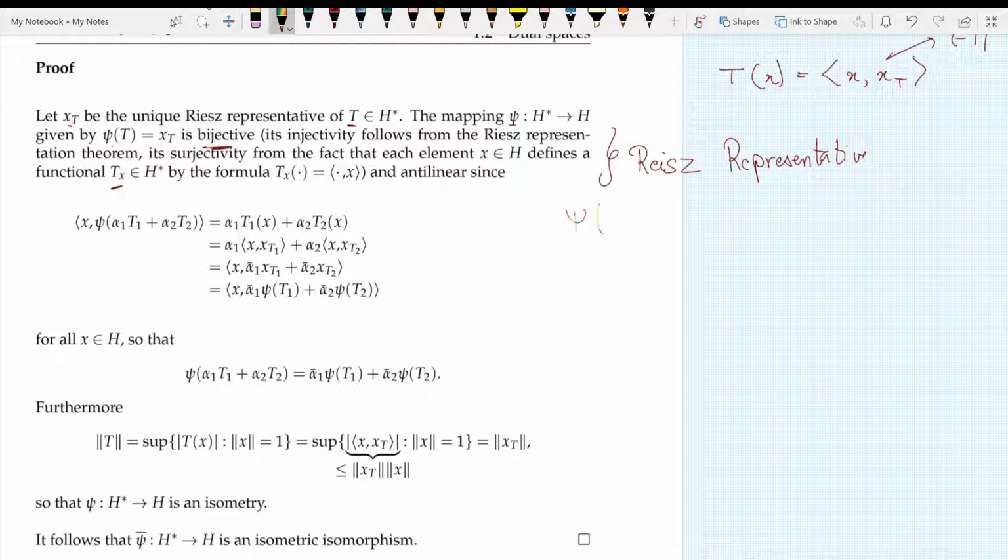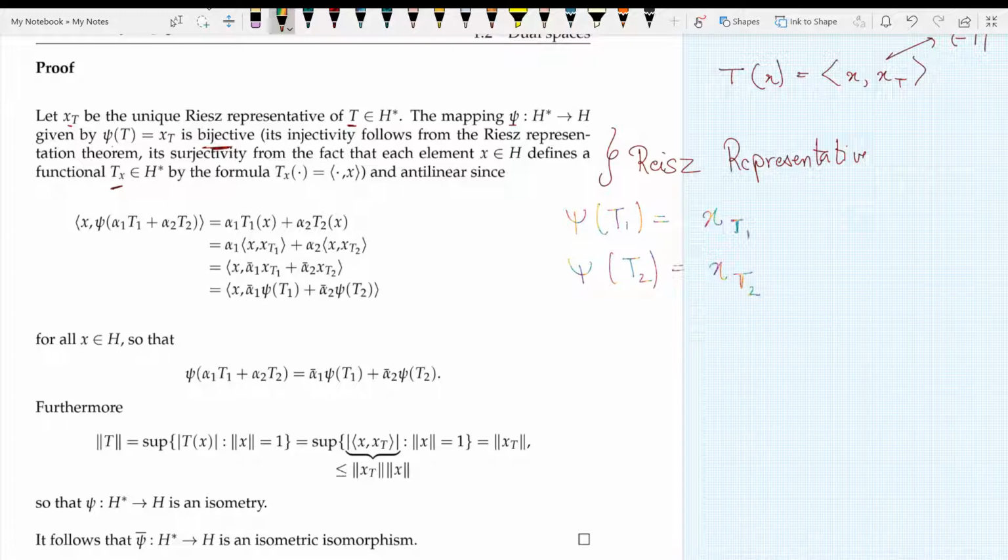So I have psi of t1 equals x_t1. I again have psi of t2 equals x_t2.